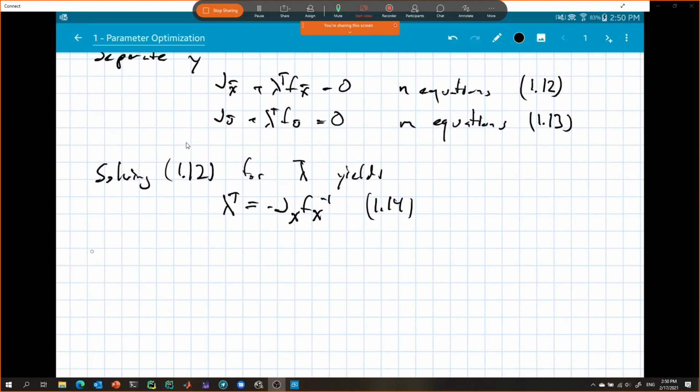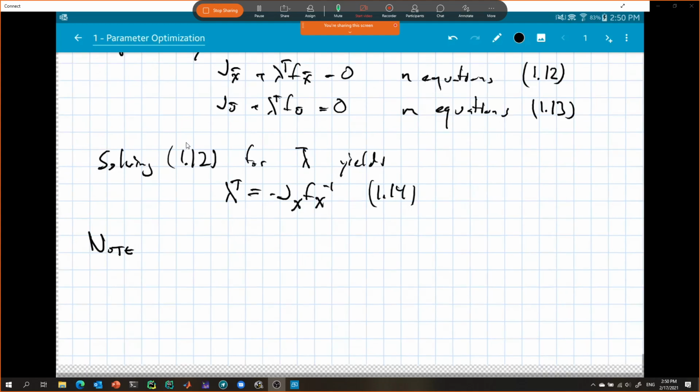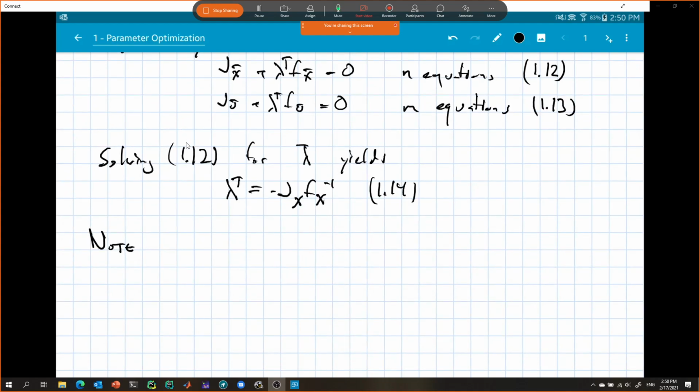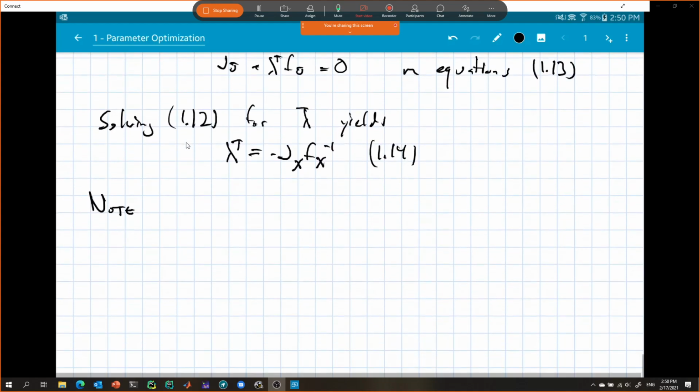so this is another intuitive note to grab from this. If we look at this, let me write from 1.14.